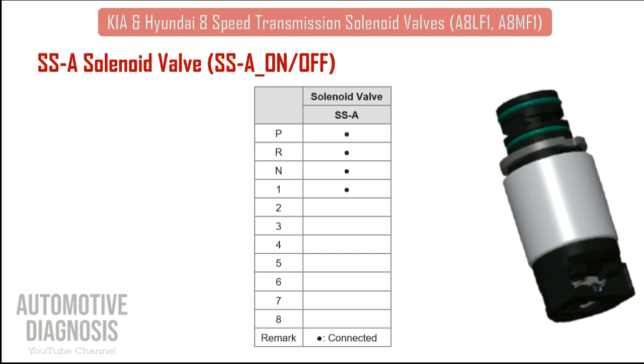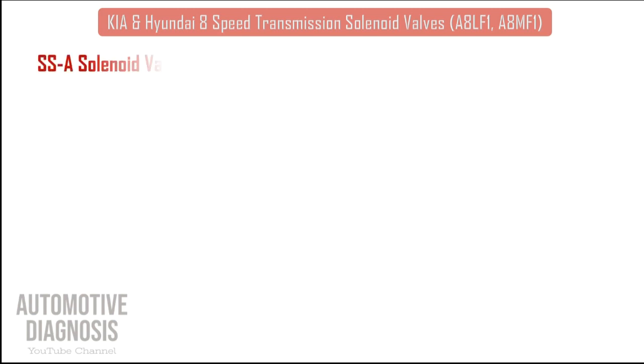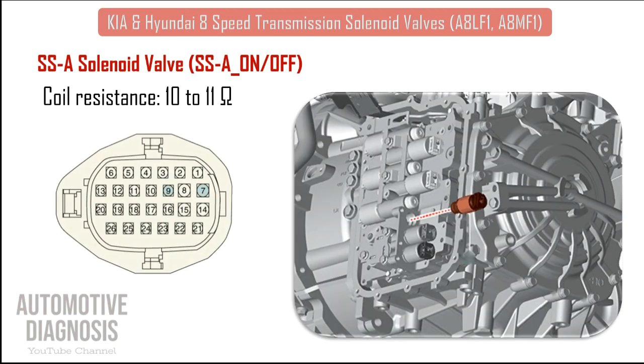This solenoid valve works in P, R, park, reverse, neutral, and gear number 1. The location for this solenoid valve is right here. We know that the resistance is between 10 to 11 ohms, and these two pins, 7 and 9, are the pin numbers for checking the internal resistance of this solenoid valve.